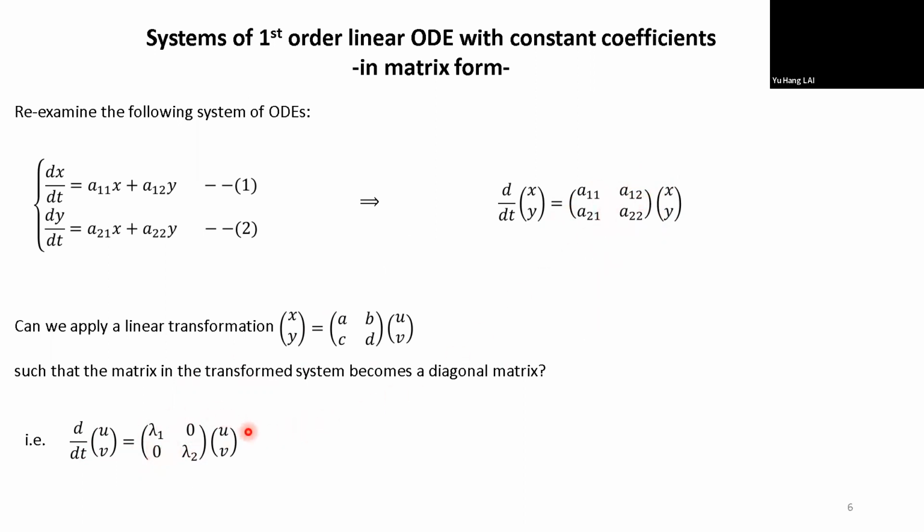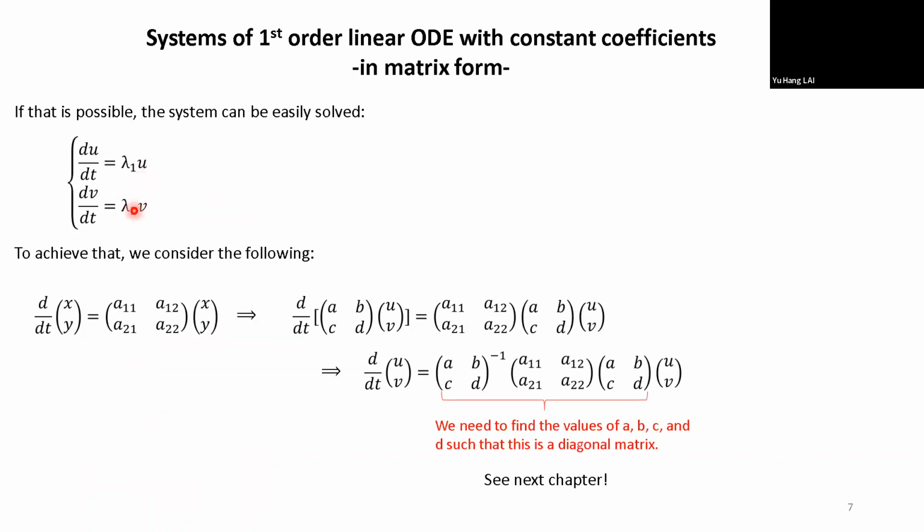If we have a diagonal matrix here, you can see that u and v are actually not related to each other. If I go back to this form, without the matrix, the system is these two equations: du/dt equals lambda 1 u, and dv/dt equals lambda 2 v.